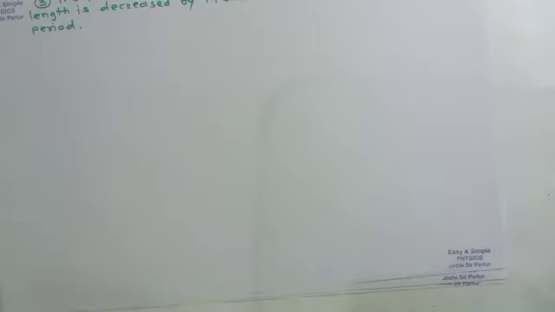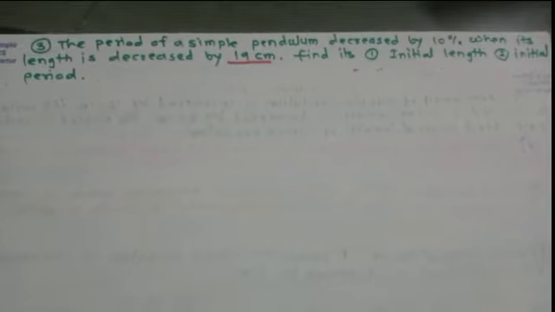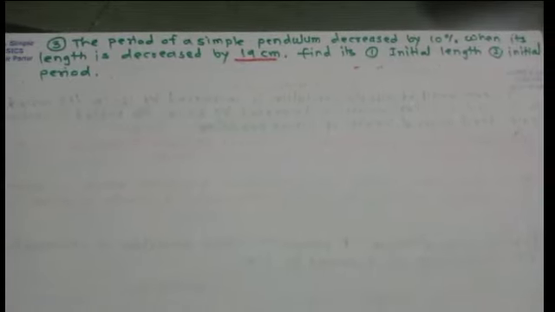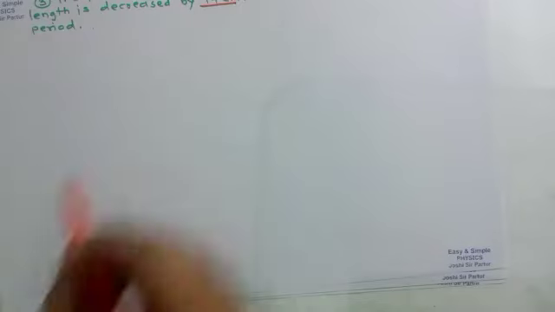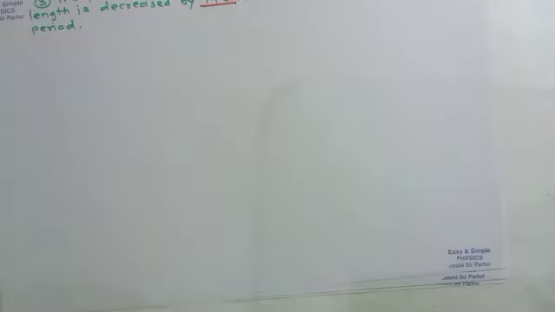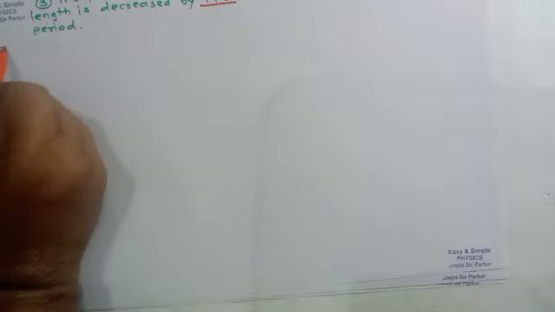Again, let us solve another problem on the simple pendulum. The period of a simple pendulum is decreased by 10% when its length is decreased by 19 centimeter. Again, find the initial length and initial period.